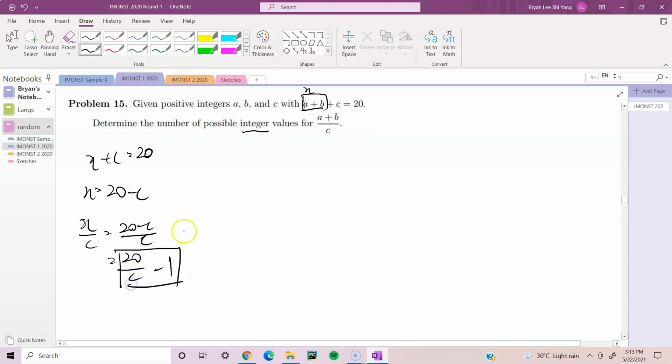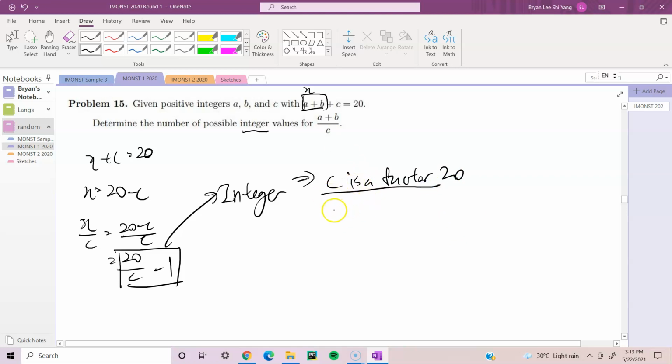So if this has to be an integer, then this would imply that c is a factor of 20, meaning c can divide 20 into whole numbers, right? So what are the factors of 20? We just list them out. So 20 equals to 1 times 20, 20 equals to 2 times 10, 20 equals to 4 times 5. And indeed, these are the only 6. So we can try them out one by one.